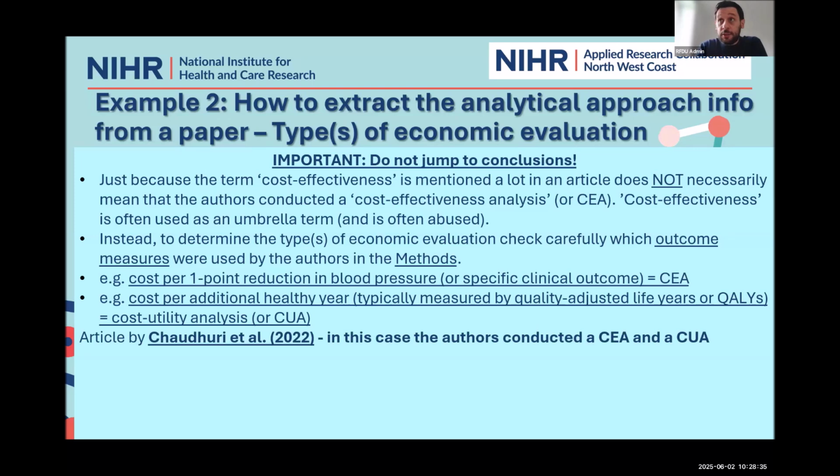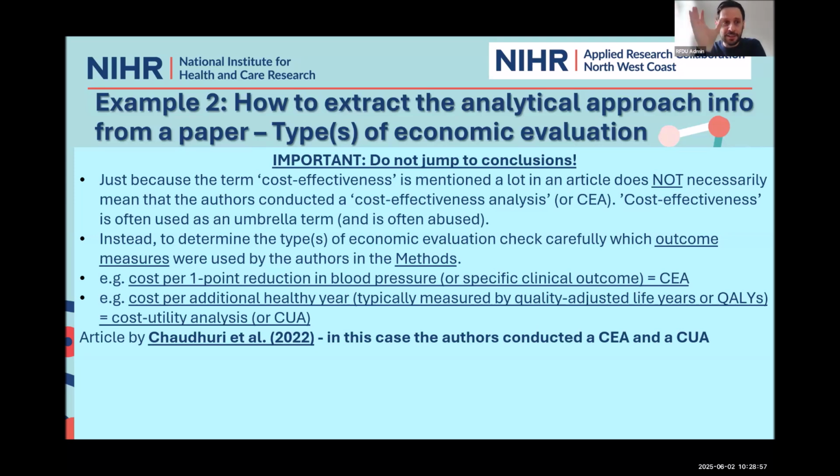Usually or typically, the authors should be clear around which economic evaluations they used. For example, if you remember when we were listing the papers before in the second slide, I think there was a paper which was mentioning they were doing a cost consequence and a cost utility analysis, right?